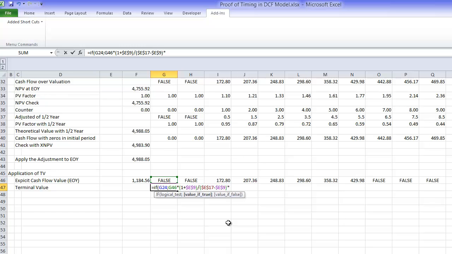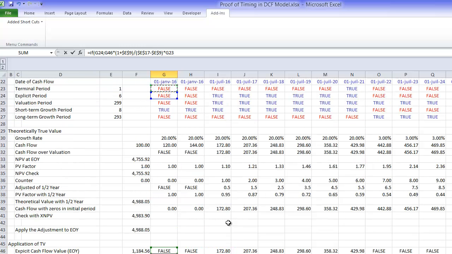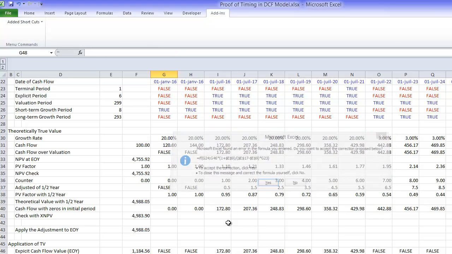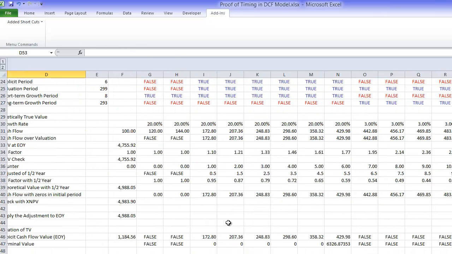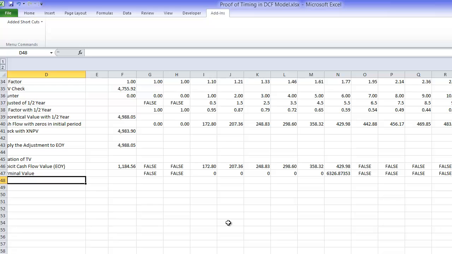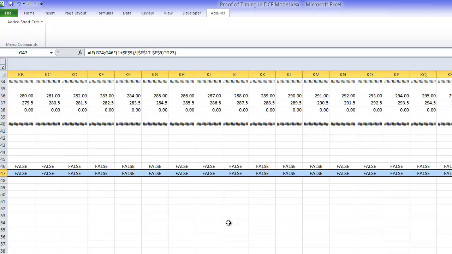And then we multiply this by the terminal switch. There's the terminal period switch. This one, okay? And if we do that, it gives us our false. So the reason I was doing this is to get little zeros in here, and then the falses here, okay?